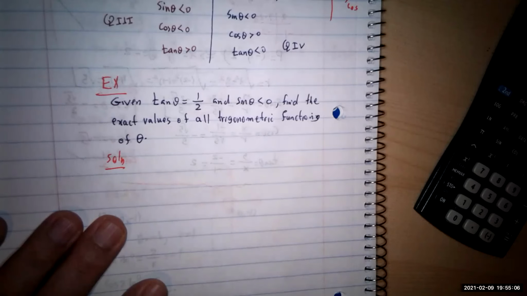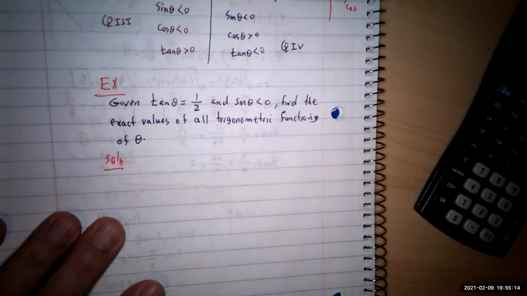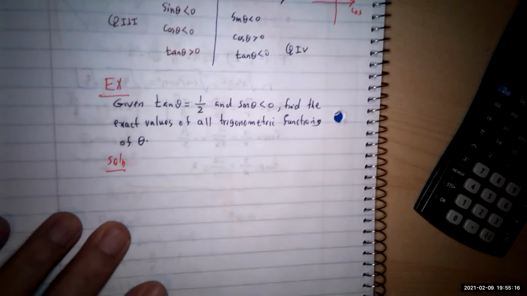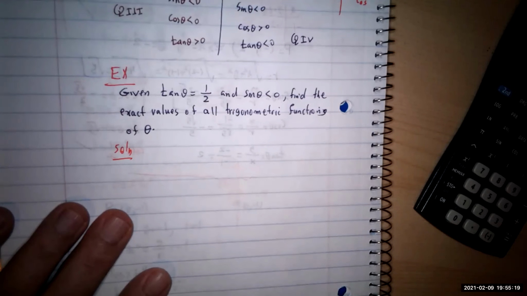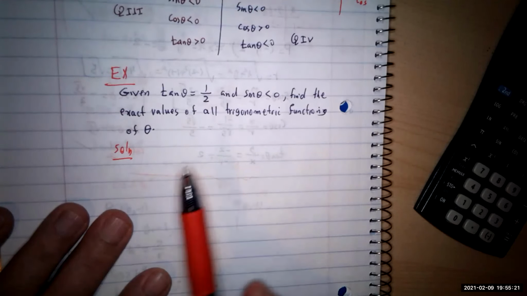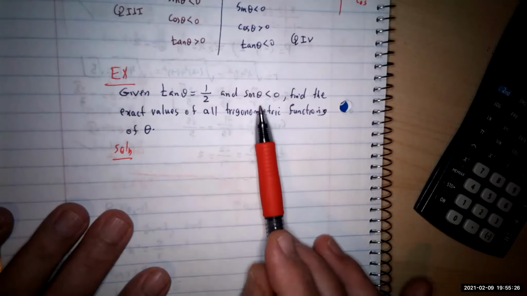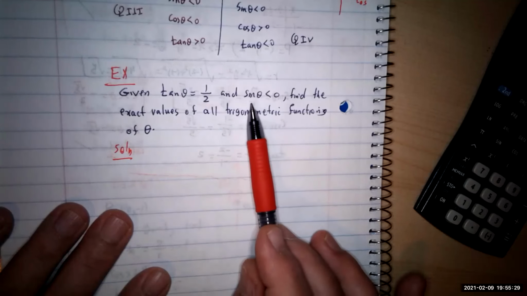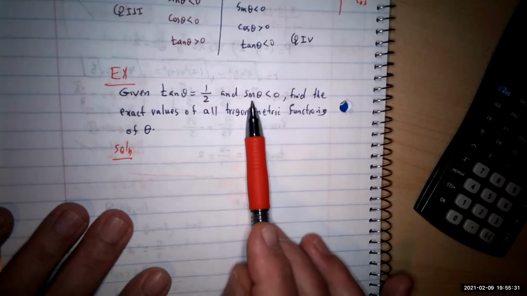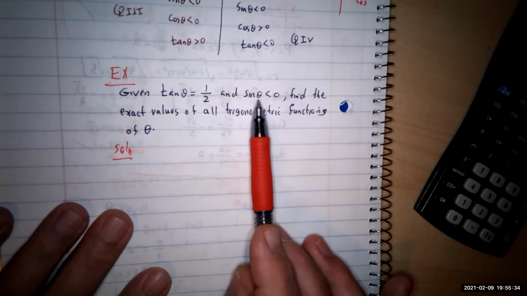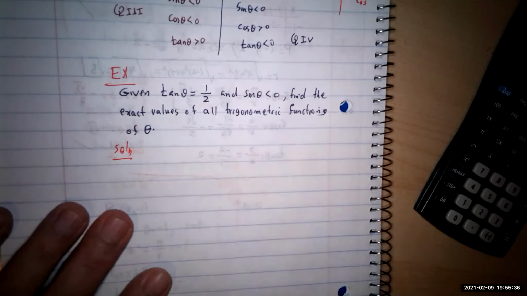Yes, tangent positive. And sine and cosine are both negative. Yes, you are right. Now you see the tangent is positive, and the sine is negative. So cosine must be negative too, because negative over negative would be positive. So theta is going to be in the third quadrant.